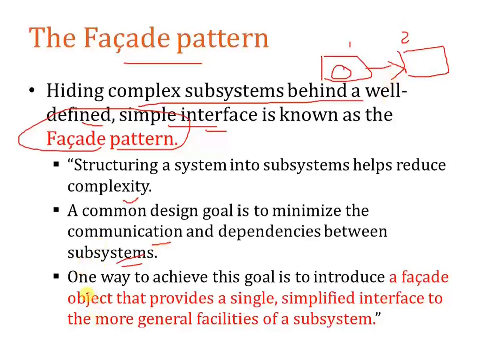To achieve this goal, we need to introduce a facade object. What is the meaning of a facade object? It is nothing but an interface which hides the complex system behind a well-defined interface. You can introduce such a facade object and have a simplified interface as a front end, and the complete implementation details of the subsystem can be hidden behind it.